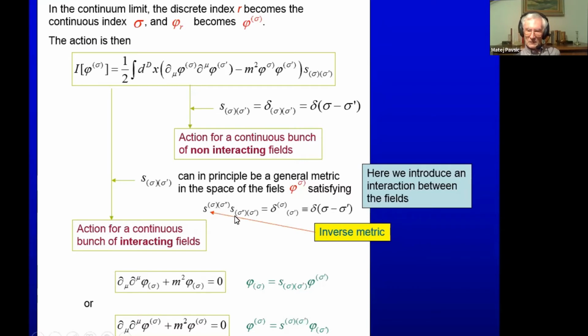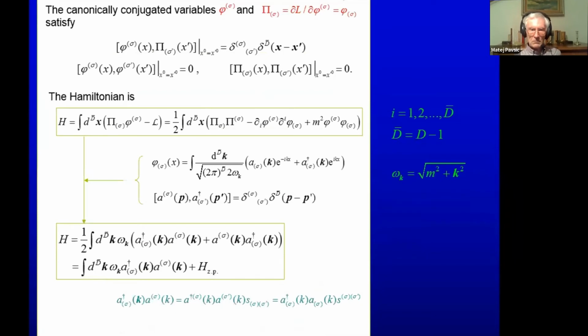You have the inverse metric, and multiplication of those metrics gives you the delta function. Equations of motion are then this one, either for fields with index down or for fields with index up. The canonical commutation relations are this one.